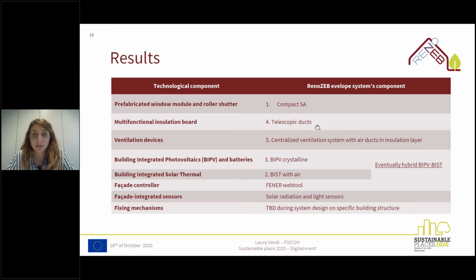The telescopic ducts were not the product which gained the higher score, but we need to keep in consideration that this product was the only one that could be used for the plug and play envelope system, which is the curtain wall, and so on.